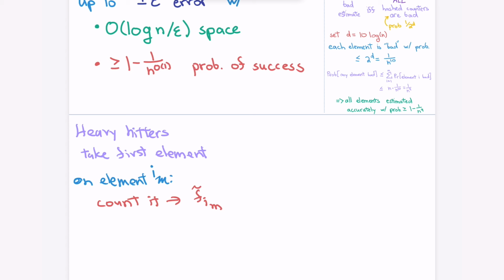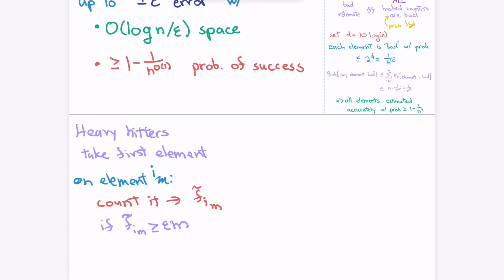Okay, I'm lazier. I would just say if this reported number is at least epsilon times m, it's a heavy hitter right now, so I'll hold on to it and remember that count. You can put this all into a heap or a priority queue to do this for you.